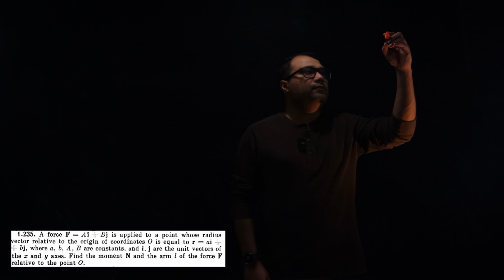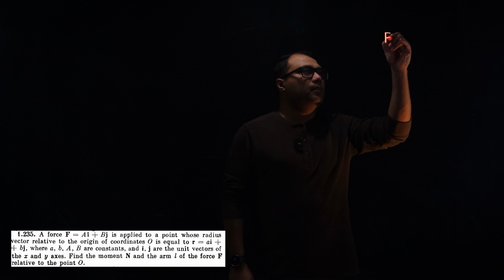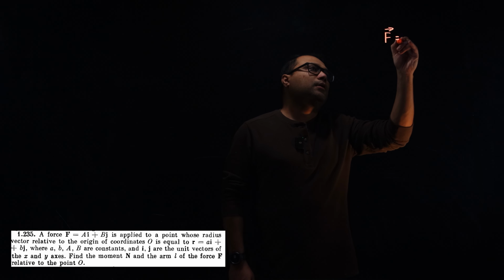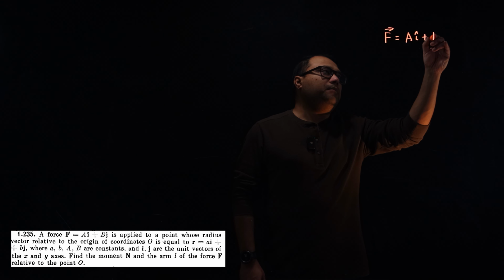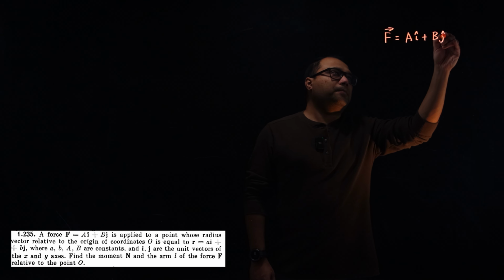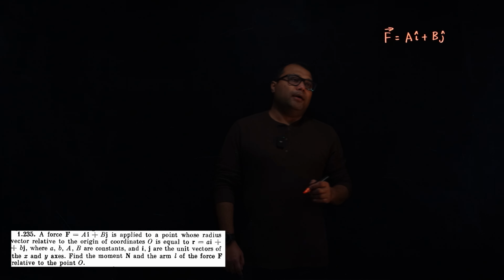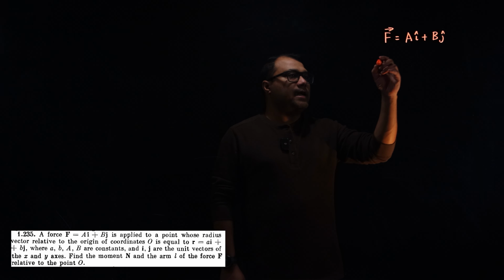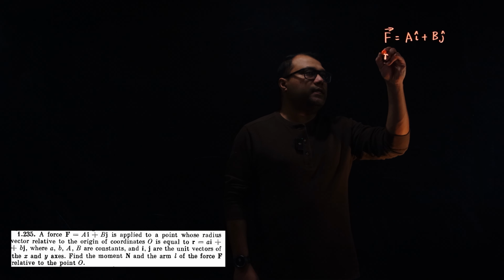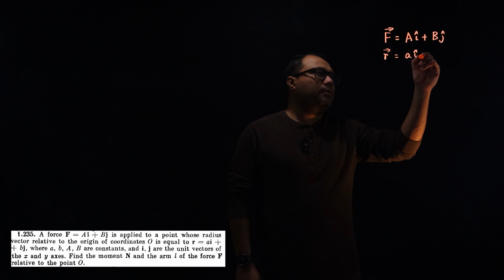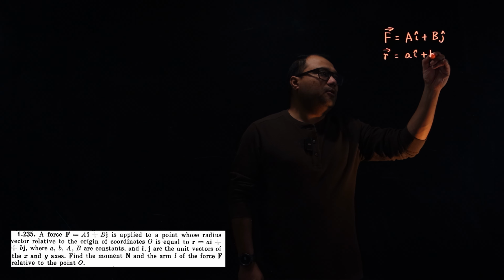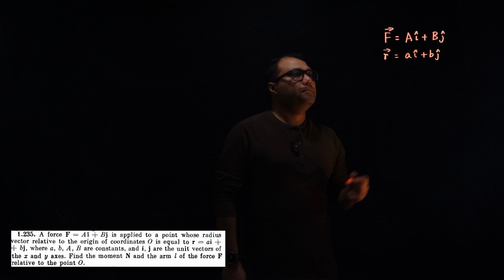So the force vector is A i cap plus B j cap, and this force is acting at a point whose radius vector is given as small a i cap plus small b j cap.